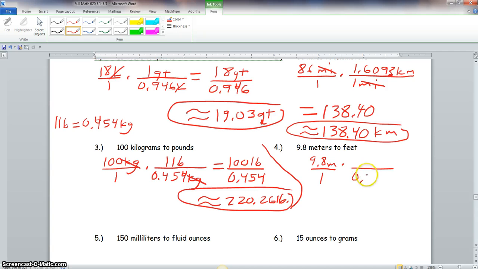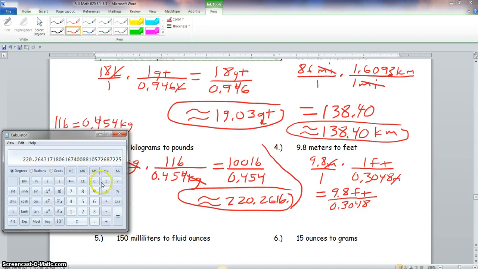So we have 0.3048 in our denominator, and that's meters, and 1 foot for our numerator. So meters will simplify out, and we will have 9.8 all over 0.3048. This is 9.8 feet.